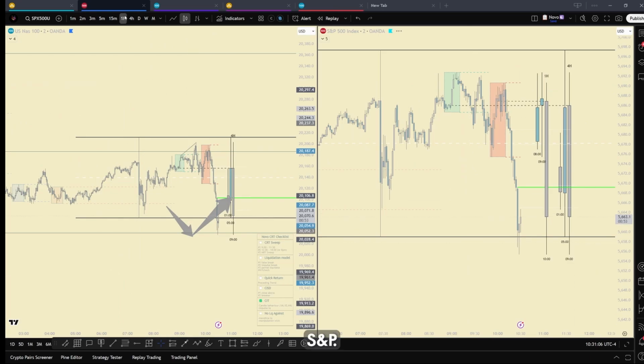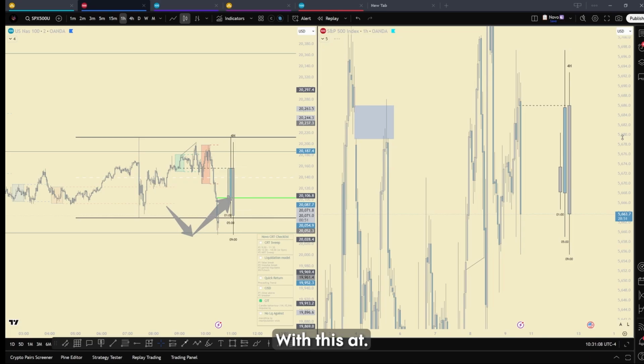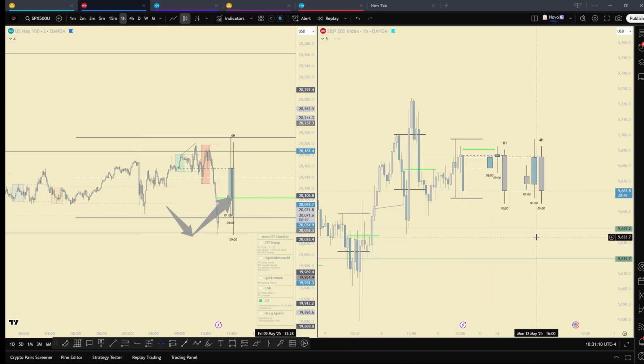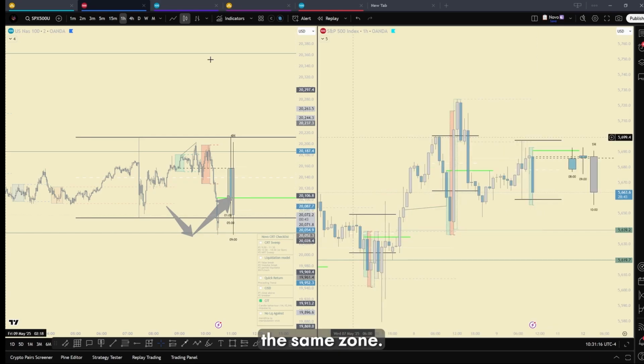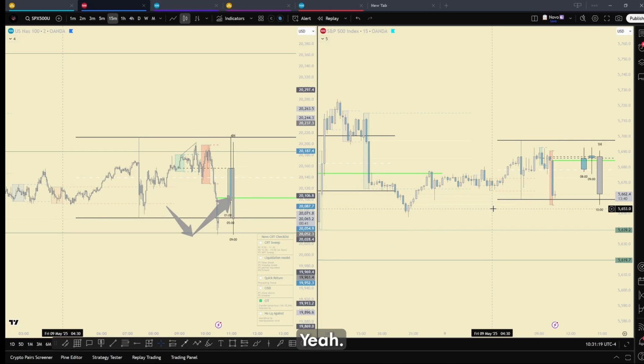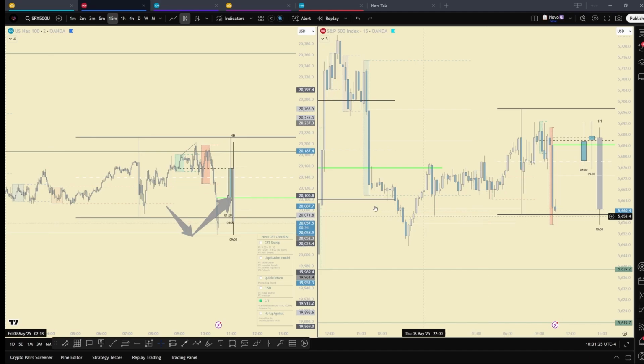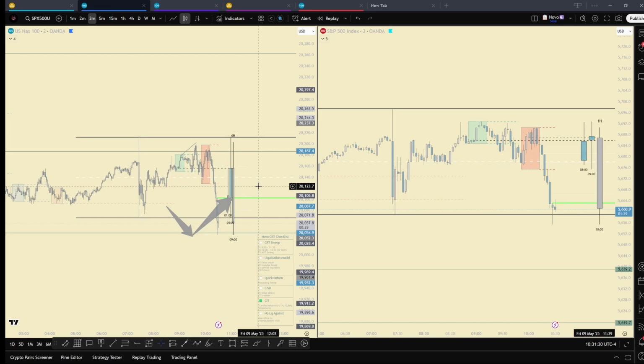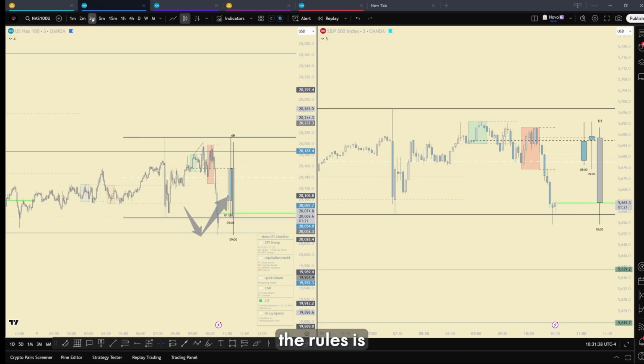S&P. Where is this at? Pretty much the same zone for both there. Okay. The reversal is pretty fresh. So I think I'm going to give price a few more minutes to play up and down.